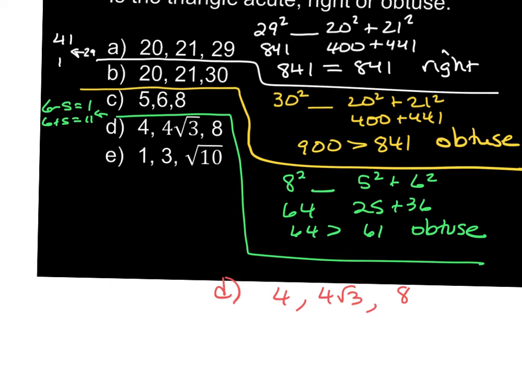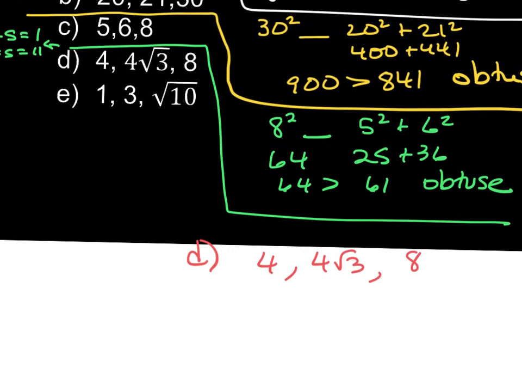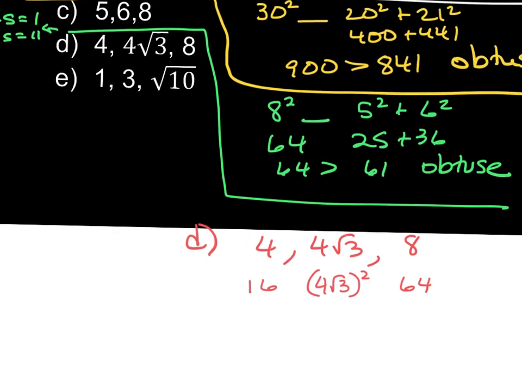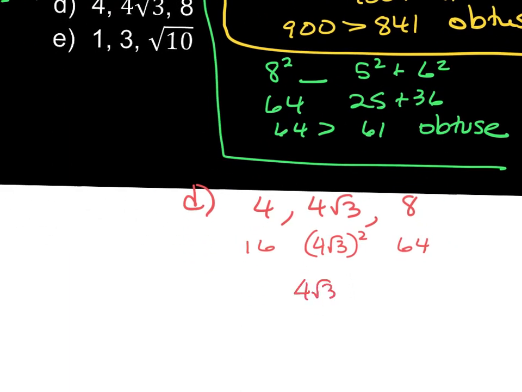What I can do is square each of these, and then I'll know if 8 is actually the biggest number. Now, you could also approximate it, but it's a lot easier just to square them. So 4 squared is 16, 8 squared is 64. When you square something like this, what we're doing is 4 square root 3 times 4 square root 3.